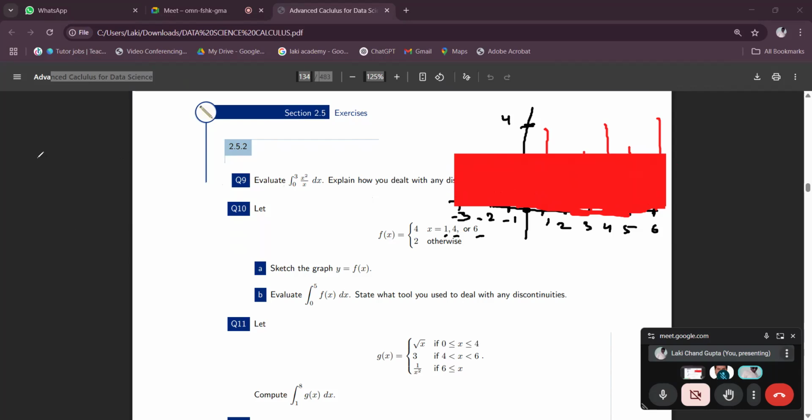But at point 1, 4, and 6, it will be at 4. Understood? Yeah, clear. Thank you.